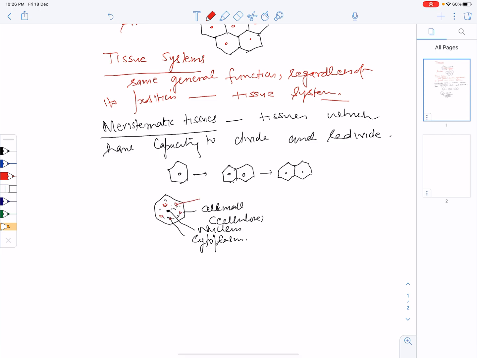These are tiny vacuoles. Plastids are in the form of proplastids. So these cells have the capacity to divide and redivide.